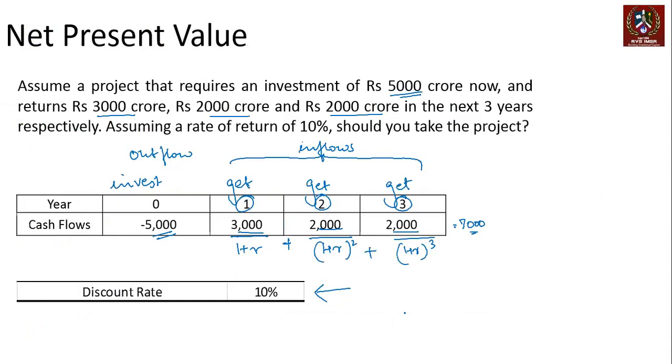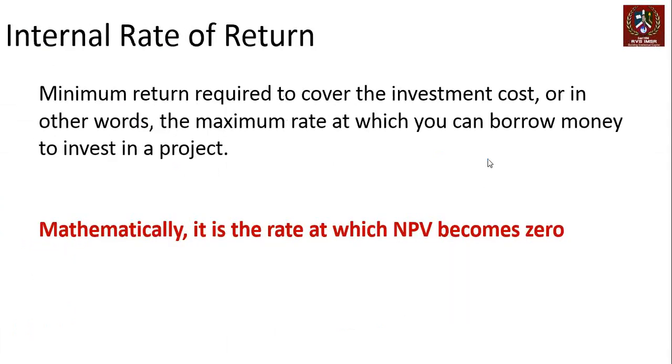So let's rewrite this set of rules. What we are saying is that if you're looking at a project, if NPV is greater than zero, accept the project, right? In other words, if your discount rate is less than IRR, accept the project.